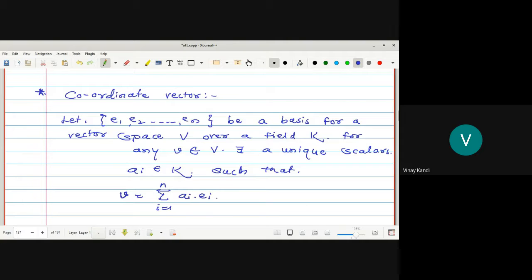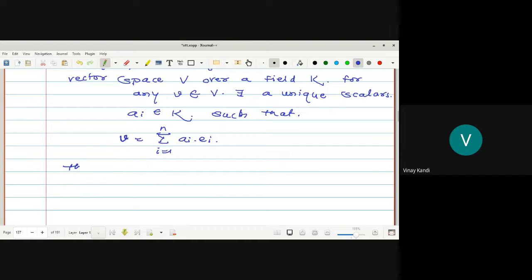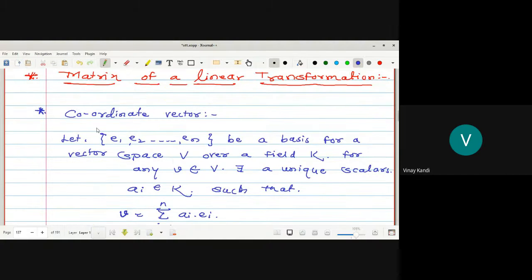Then the coordinate vector of v with respect to the basis E. Suppose this is the basis E, this is the set E. What is the meaning of this?